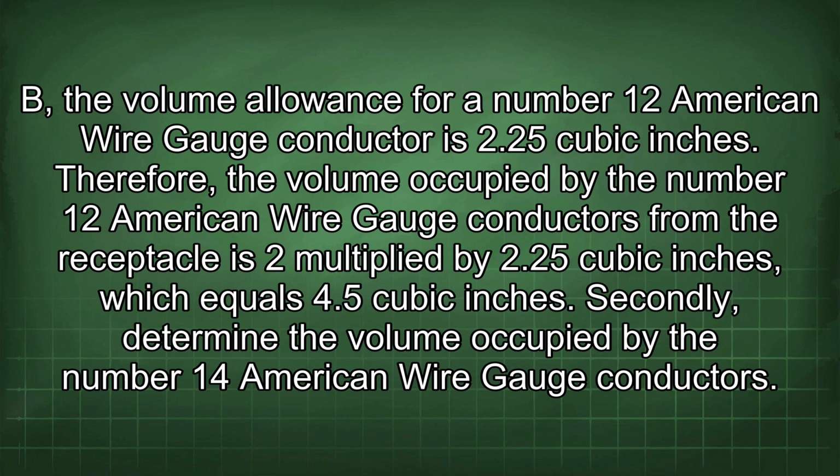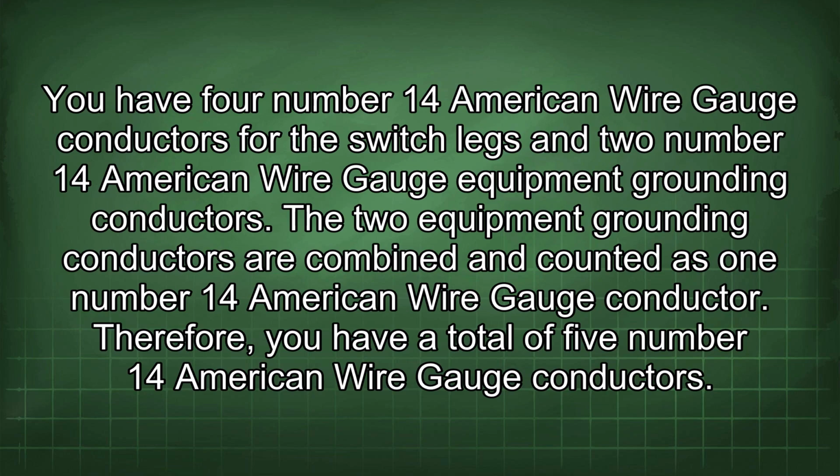Secondly, determine the volume occupied by the number 14 American wire gauge conductors. You have 4 number 14 American wire gauge conductors for the switch legs and 2 number 14 American wire gauge equipment grounding conductors. The 2 equipment grounding conductors are combined and counted as 1 number 14 American wire gauge conductor. Therefore, you have a total of 5 number 14 American wire gauge conductors.